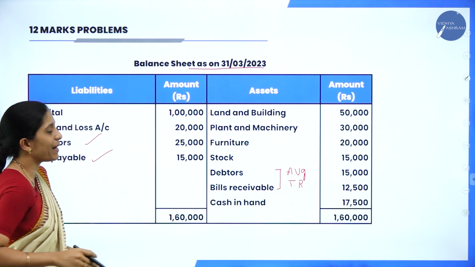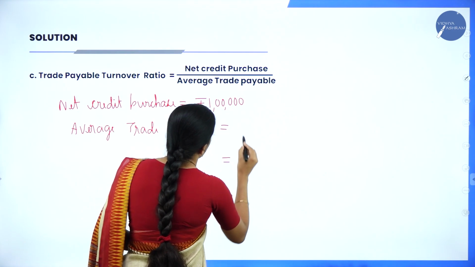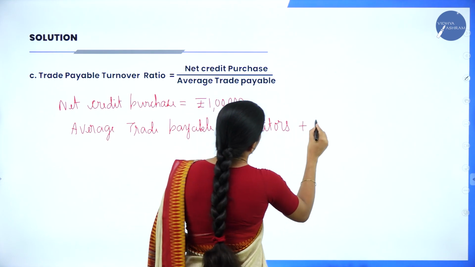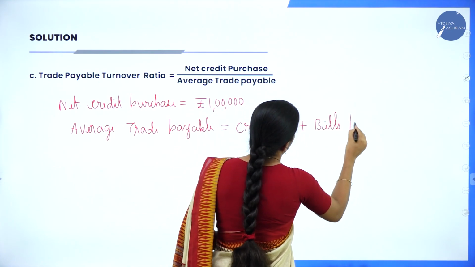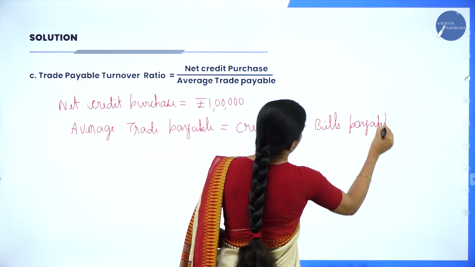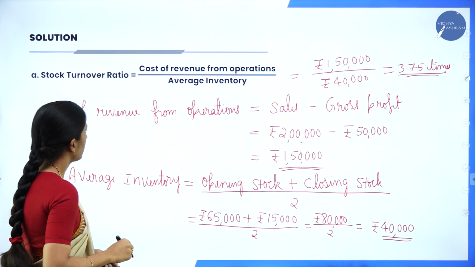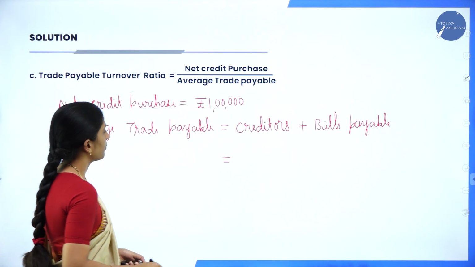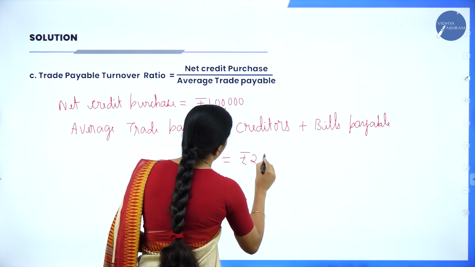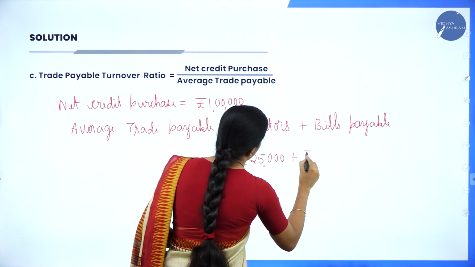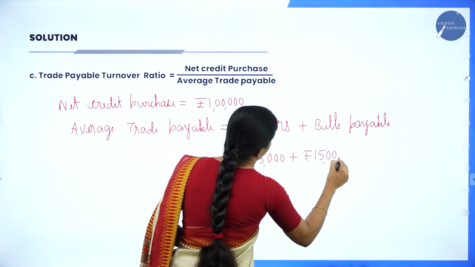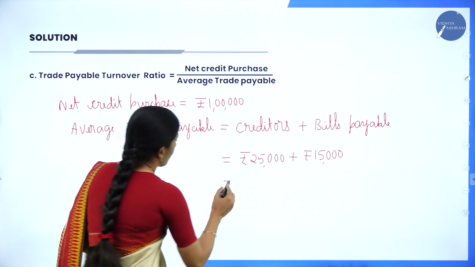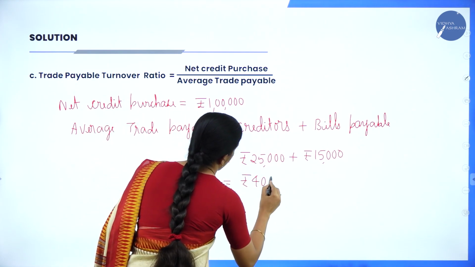So that is how much? 25,000 plus 15,000, which is rupees 40,000.